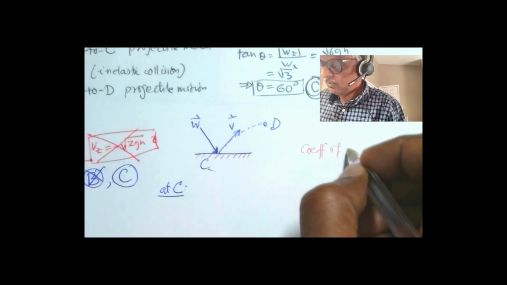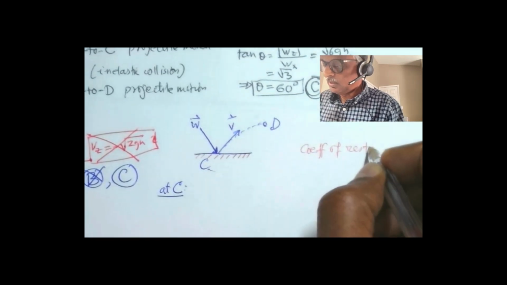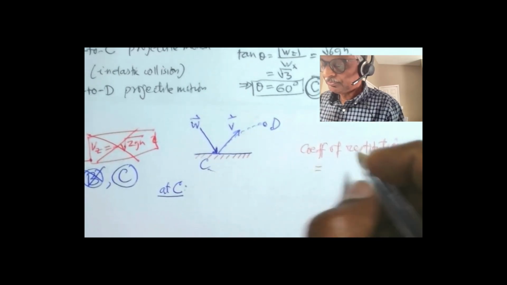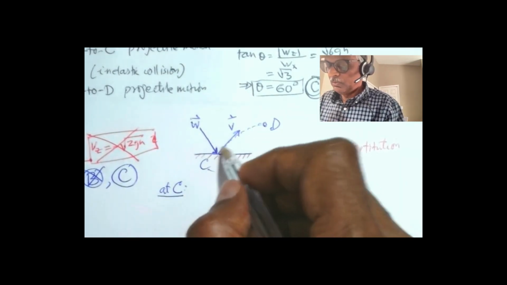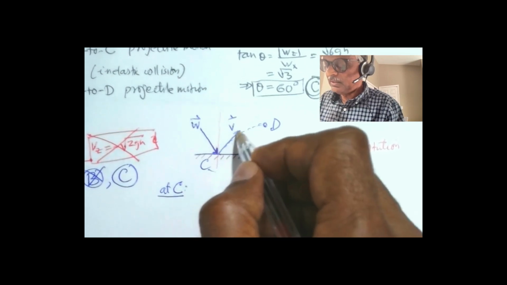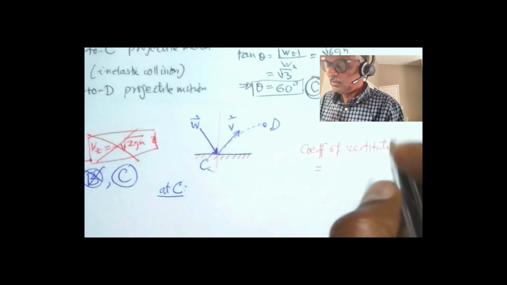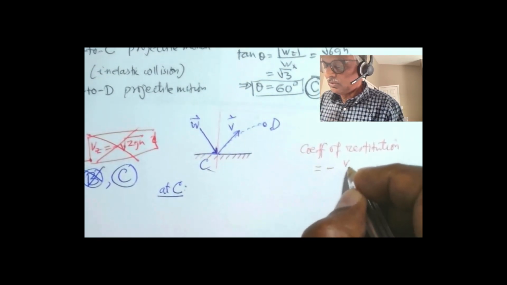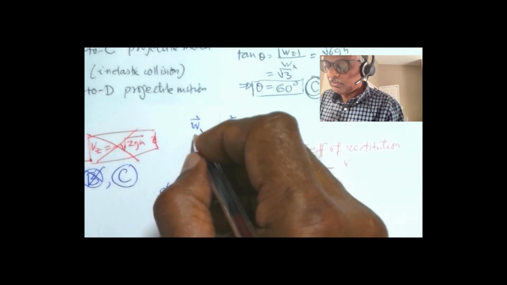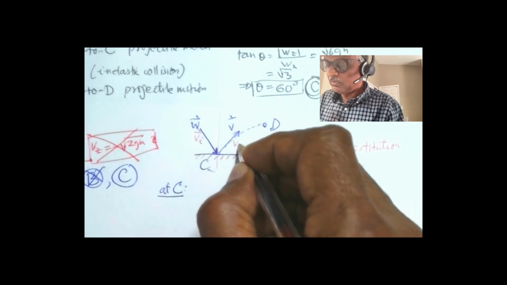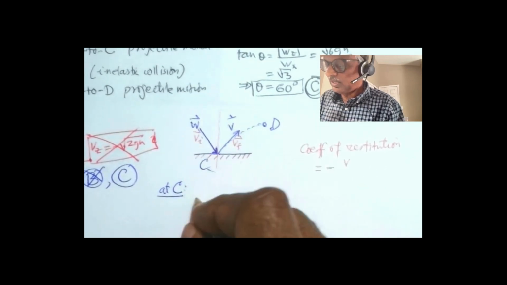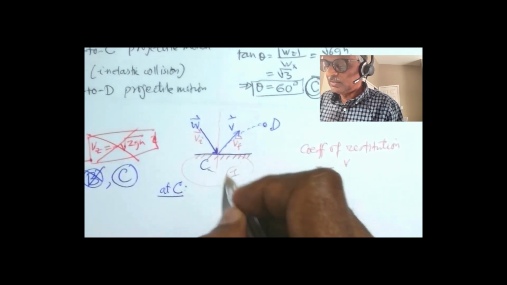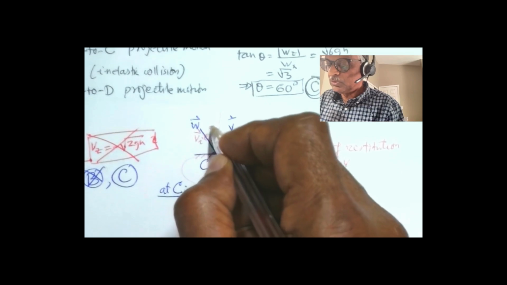Coefficient of restitution is basically the ratio of the final to the initial speed. Of course they're going to be in the opposite direction, so you have to put a negative sign. So let's call this VI, and this V final, and this is the ground. Okay, but it was not the ground, it was, say, object 1 and my ball was object 2.